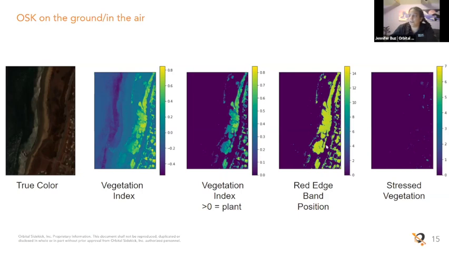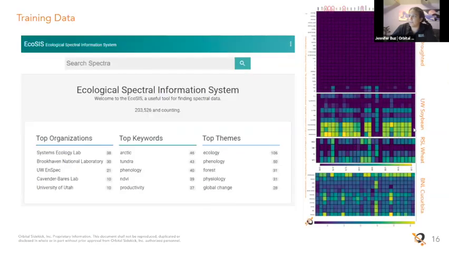Now I can actually go in detail and figure out where that red edge is, or where that chlorophyll absorption ends. And this is very important for plant health. So I can find individual patches of plants in this scene that are indicating stress. And so you can do really detailed work with hyperspectral data.